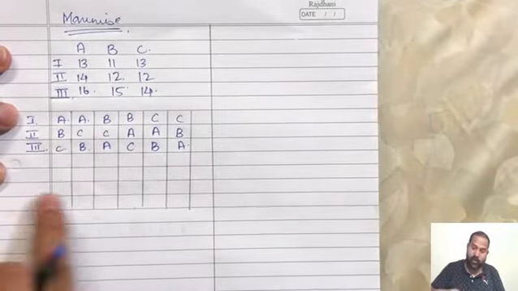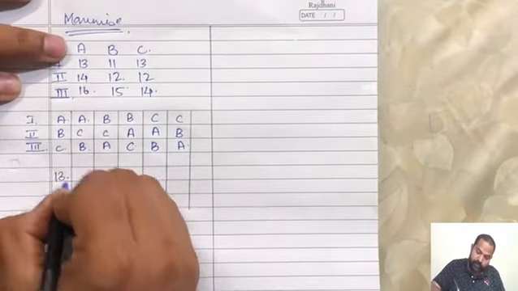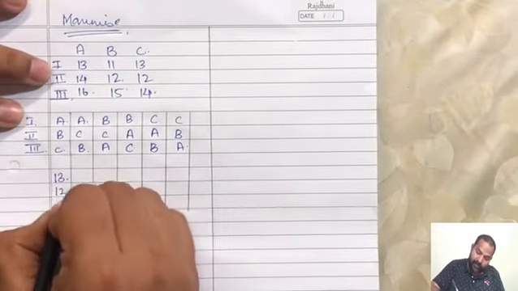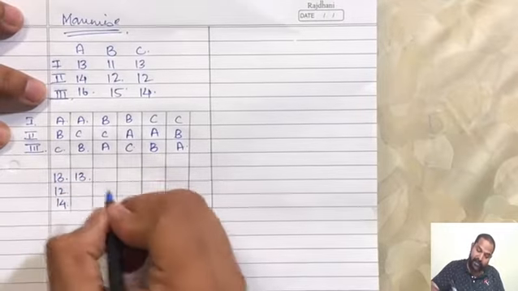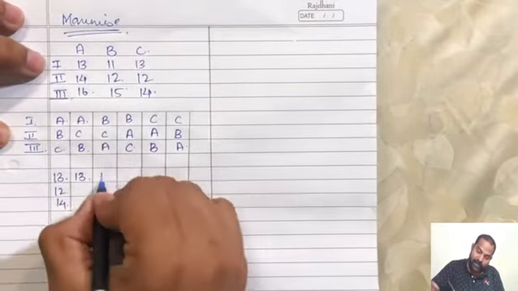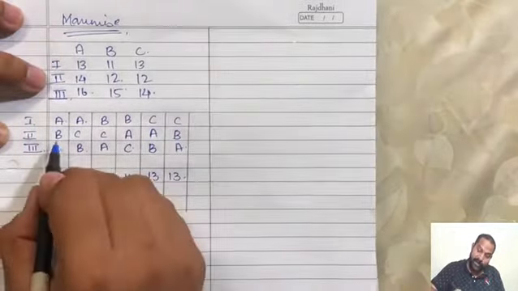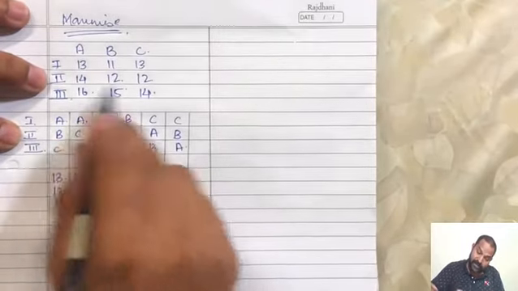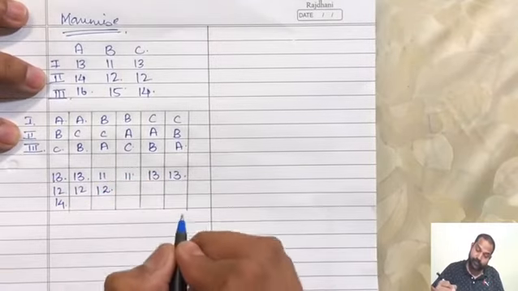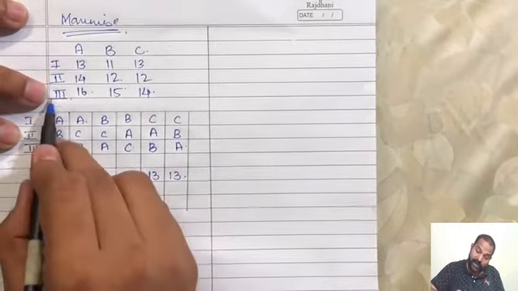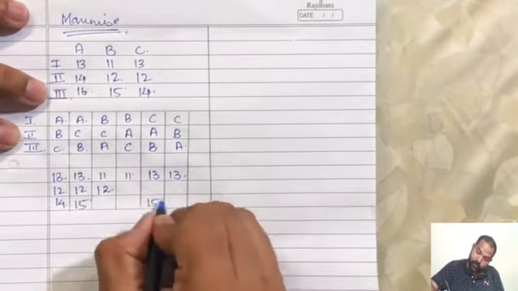Let's start finding out the total of this allocation. If 1 goes to A, 13, 2 goes to B, 12, and 3 goes to C, 14. If 1 goes to A, 13, 2 goes to C, 12, 3 goes to B, 15.